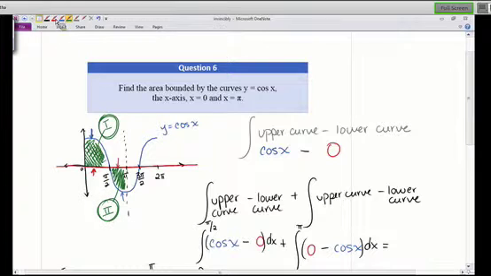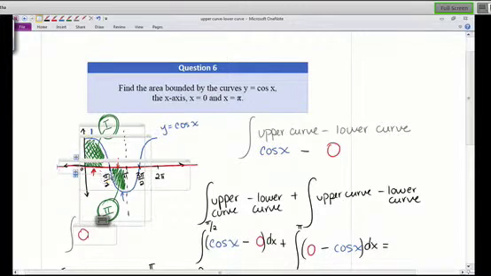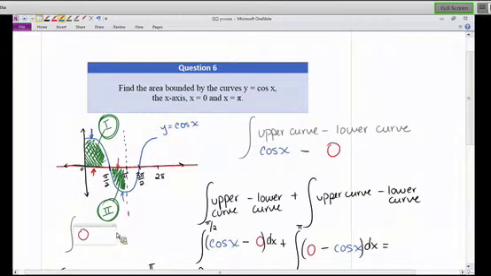So now we're looking here. I'll write that out underneath. So in the second shaded region, we're taking the integral still of the upper curve minus the lower curve. But when you're looking at your second shaded region, our upper curve is y is equal to 0. And now our lower curve is going to be what I have in blue, which is y is equal to cosine x. And the subtraction sign in between.